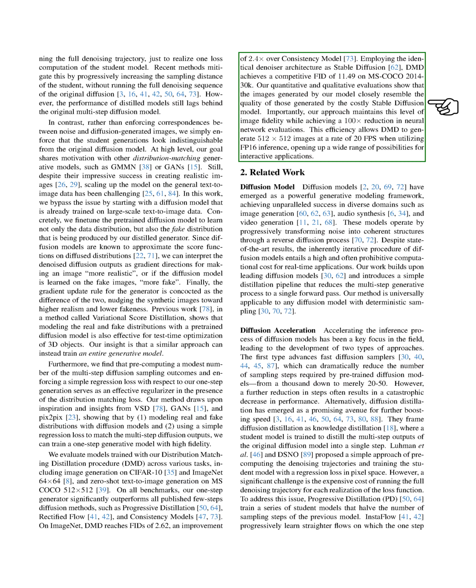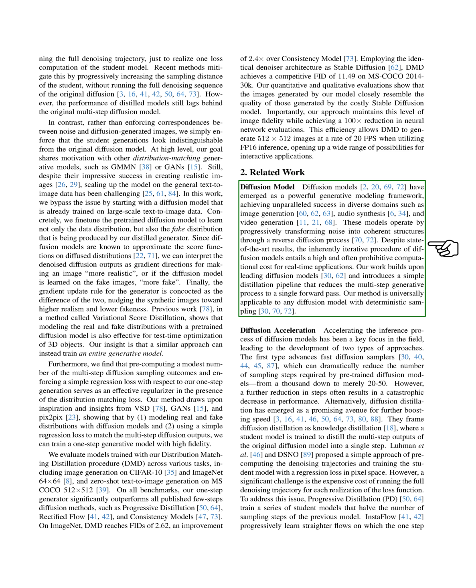Our evaluations show that the images generated by our model closely resemble the quality of those generated by the costly Stable Diffusion model. Importantly, our approach maintains this level of image fidelity while achieving a 100 times reduction in neural network evaluations. This efficiency allows DMD to generate 512 by 512 images at a rate of 20 fps when utilizing FP16 inference, opening up a wide range of possibilities for interactive applications.